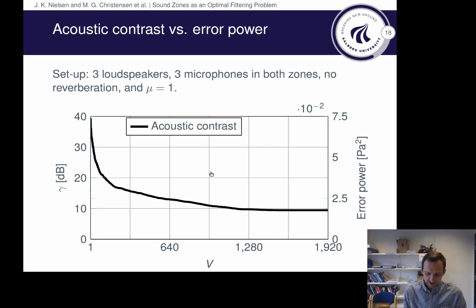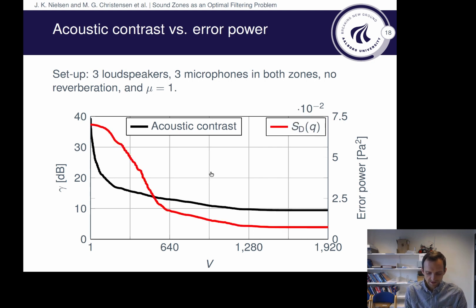On the x-axis I have the number of eigenvectors V that we use, and on the left y-axis I have the acoustic contrast, and on the right y-axis I have the error. That measures either the distortion or the residual error in the dark zone. You can see here that as we increase the number of eigenvectors, we also decrease the acoustic contrast.